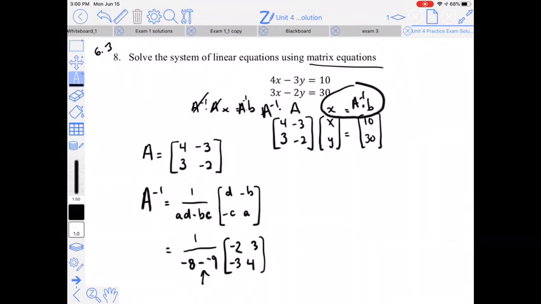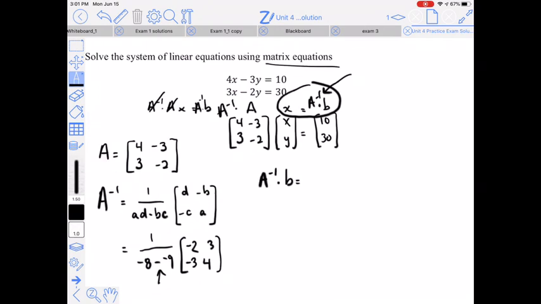So at this point, now that we know the inverse of A, we need to show this operation right here, the inverse of A times B. So the inverse of A times B is equal to our inverse, which is technically 1 over 1, but 1 divided by 1 is just 1, so I don't need that coefficient.